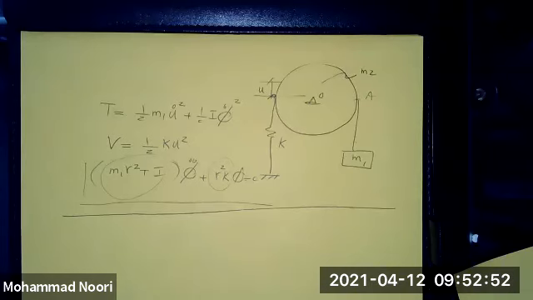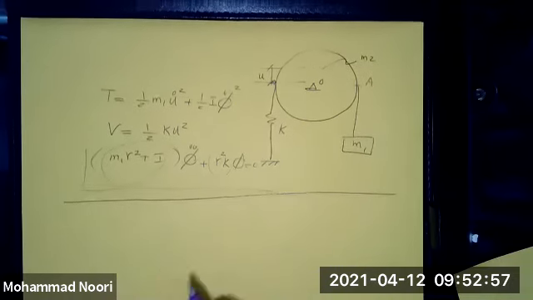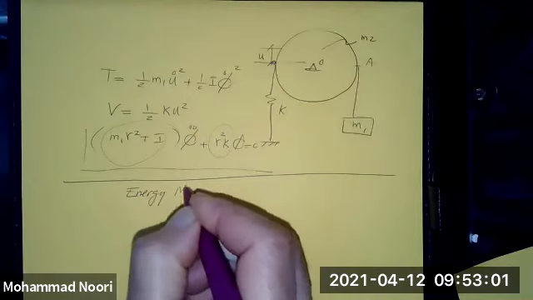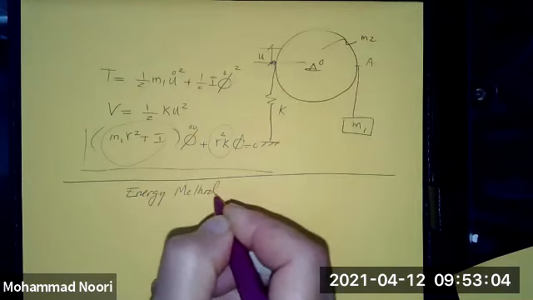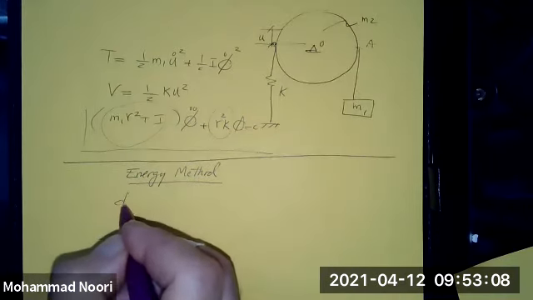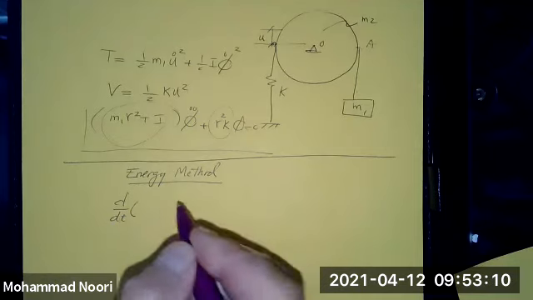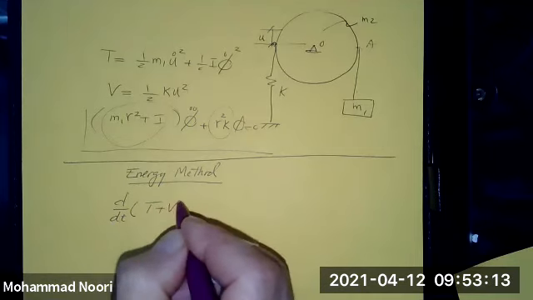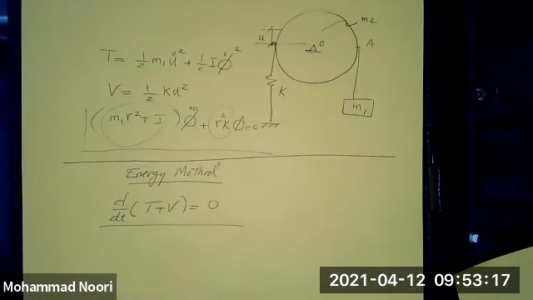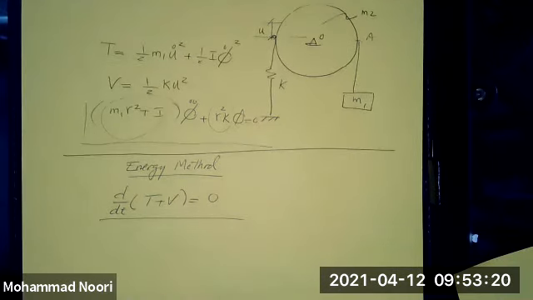All right, so let's see where we are and where we are going again. We are focusing on the energy method. I showed you that using the simple concept of the energy method, as long as you have a conservative system, by taking the time derivative of the sum of the kinetic and potential energy, you can directly derive the equation of motion.